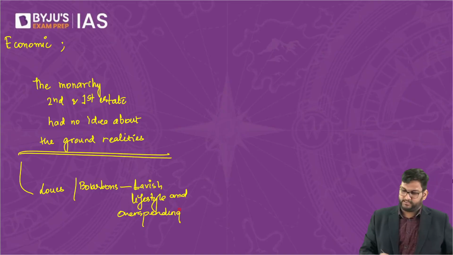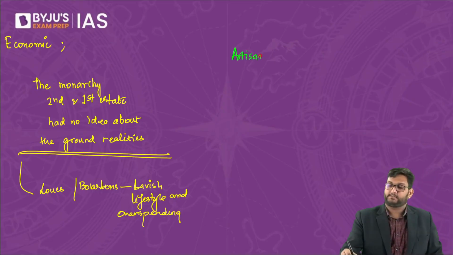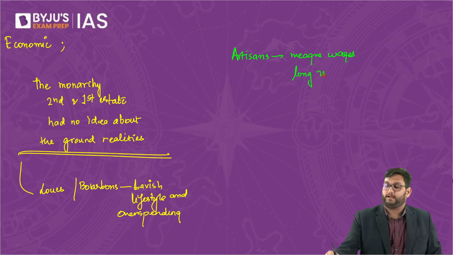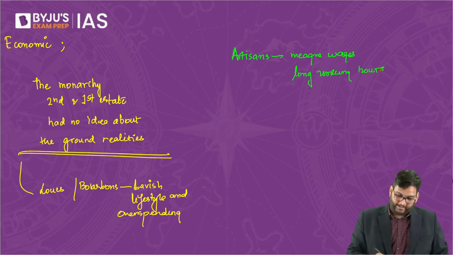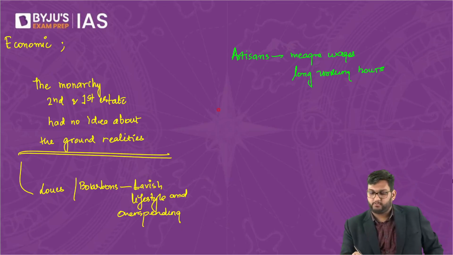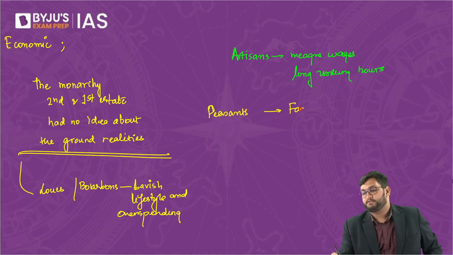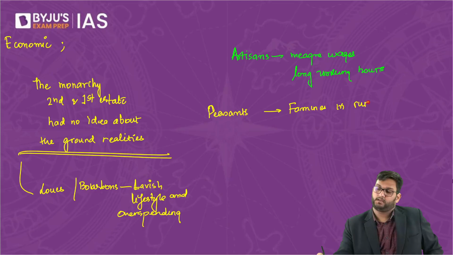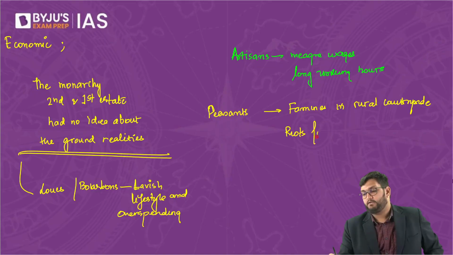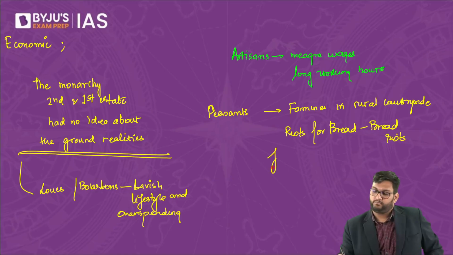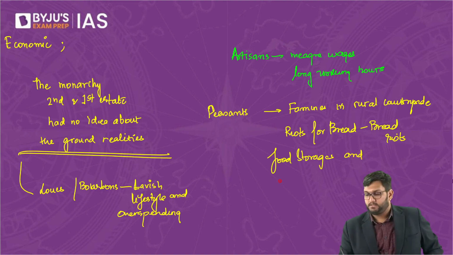On the other hand, artisans had very meager wages and long working hours, and when we talk about the peasants, there are famines in the rural countryside, riots for bread, which are called bread riots, food shortages, and multiple issues in agriculture.